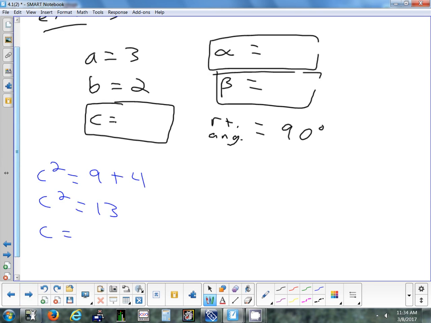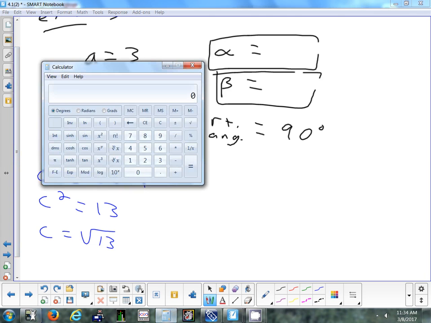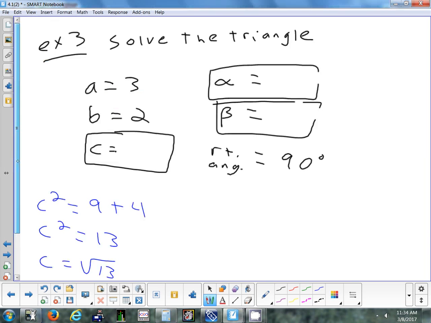And my last step, Brianna, to get c by itself. Square root. Square rooted, yeah. So there's the hypotenuse, square root of 13. The directions might say round that off to a decimal or leave it as square root 13. Let's round it off. 3.606.